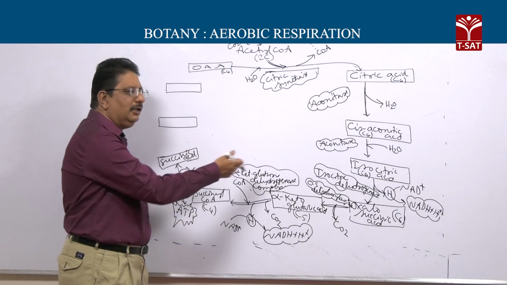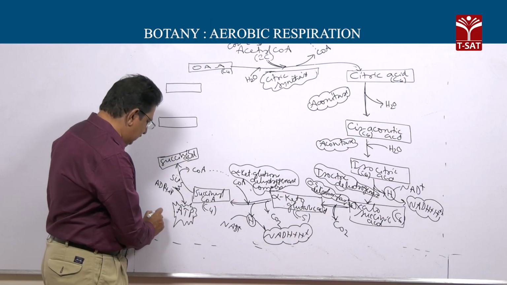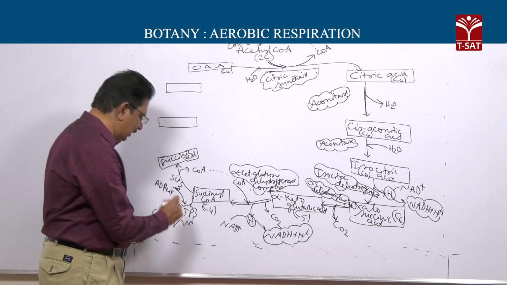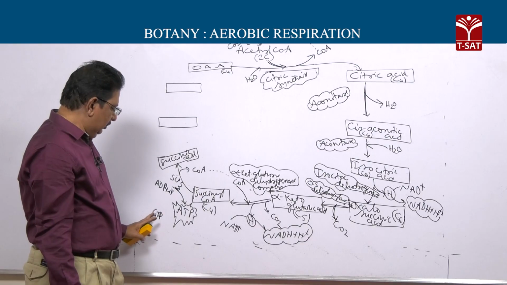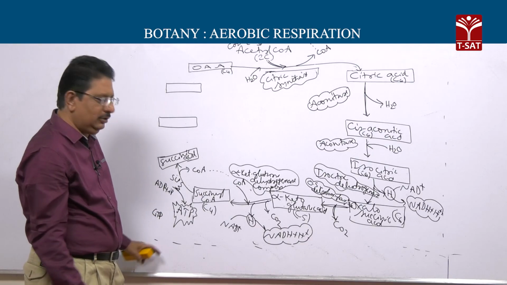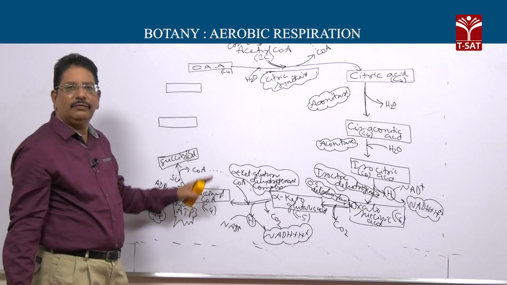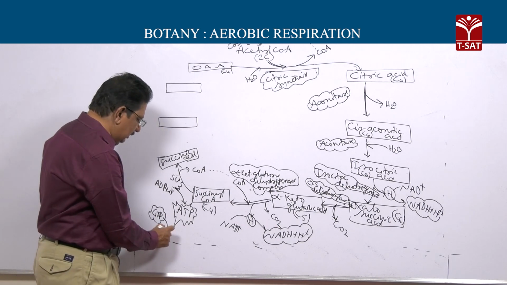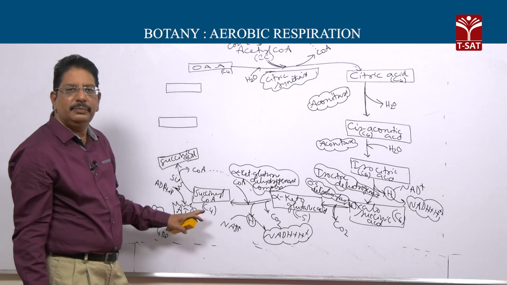If it is an animal, in animal cells during the Krebs cycle, GTP is first formed, which is a form of energy currency, but not a common usage. GTP, guanosine triphosphate. So, in animal cells, during the cleavage reaction of the Krebs cycle, GTP is formed, which later converts into GDP and is involved in ATP synthesis.